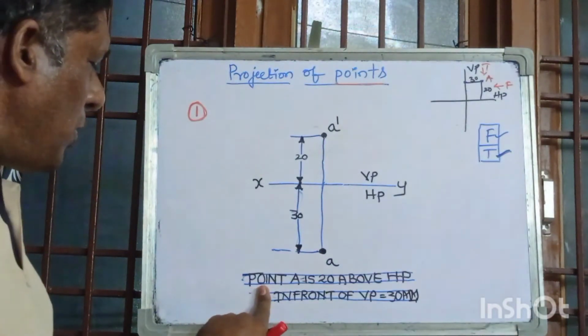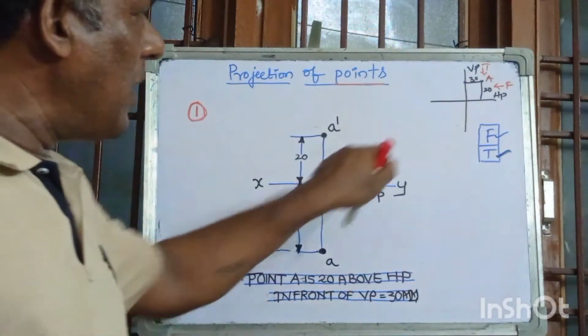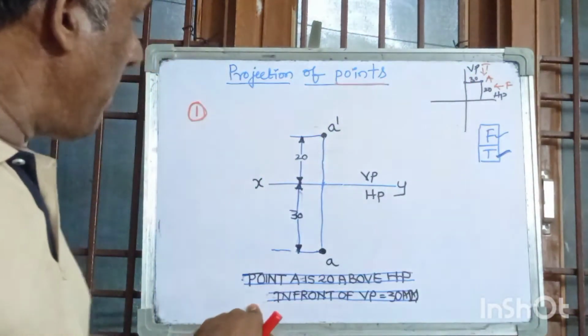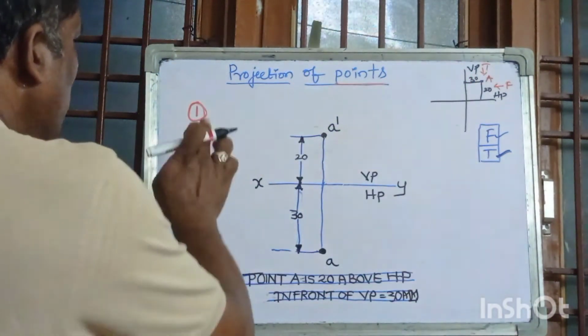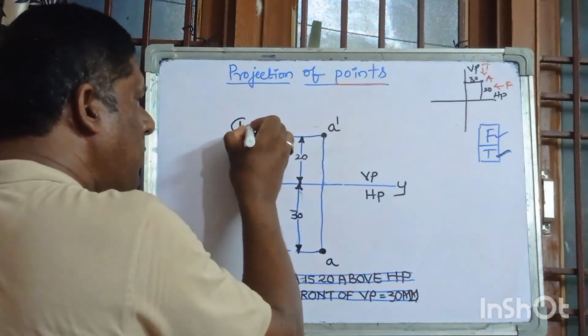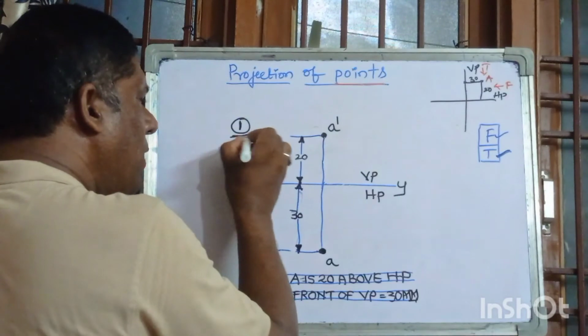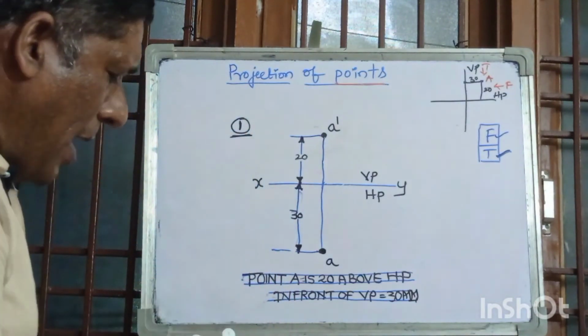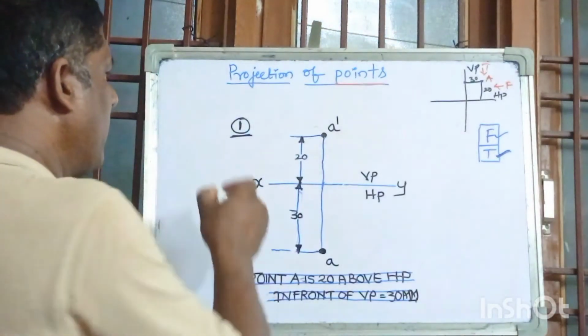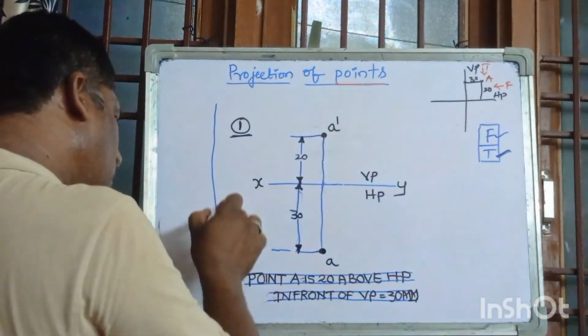You need not worry about this data, because it is in the question itself. You can copy the same thing here. Now this is question number 1. Write the question number also with an HB pencil. After completion of this, if you get time, give the border.